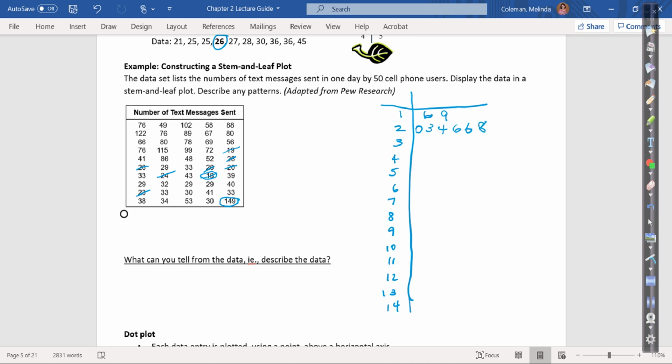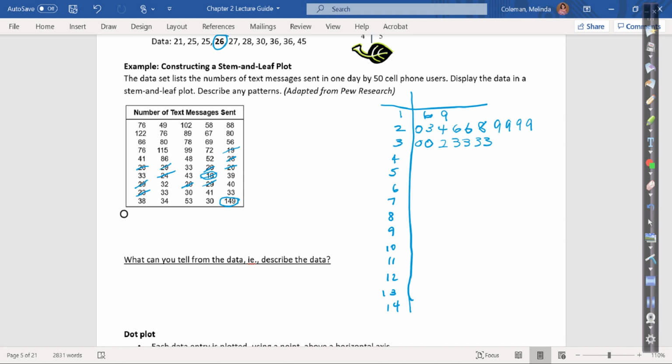And then I have four 29s. 1, 2, 3, 4. So I'll continue in this way until I get all of the data listed. For the sake of time, we have two 30s, we have a 32, we have two 33s. Actually, we have four 33s.